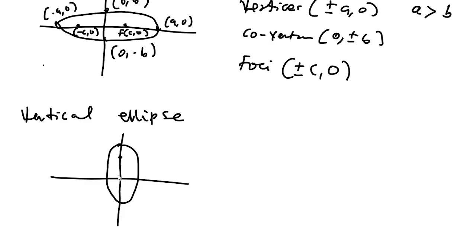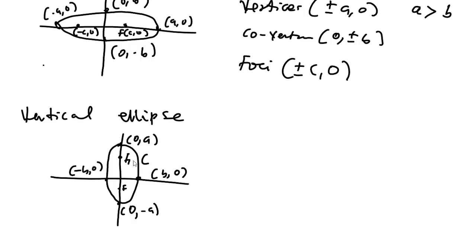We have our focus here and another focus here. Now our vertices are here, and the co-vertices will lie on the horizontal axis. So in this case, we have our vertices being (0, negative a) and (0, a). Then we have (b, 0) and (negative b, 0).